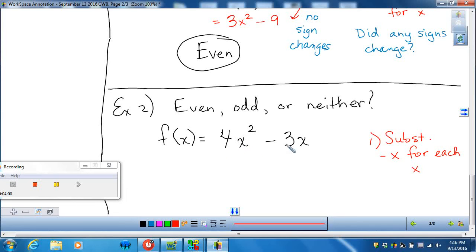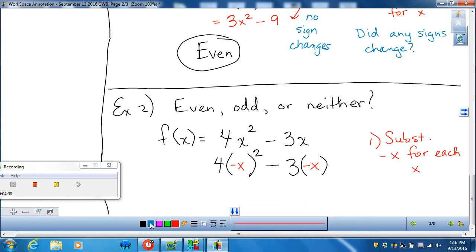Everywhere there's an x, we're going to take it out and replace it with the opposite of x. So I take out my x, leave parentheses, everything else stays the same. Over here I have another x on the 3x term, take it out, leave some parentheses, and in those parentheses I'm going to plug in the opposite of x.